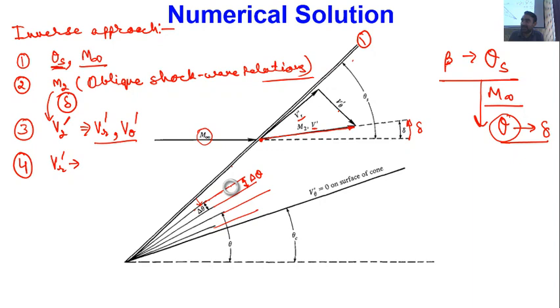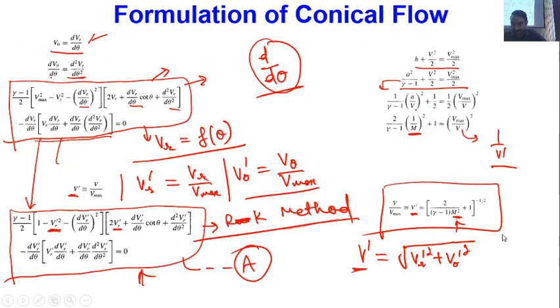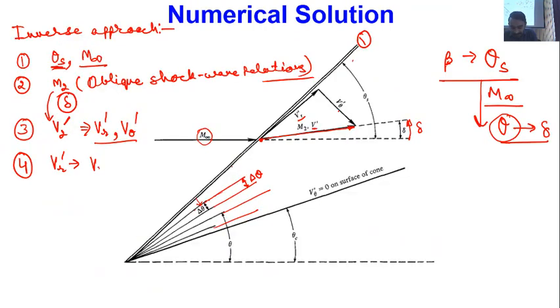Then once Vr dash is known at the next ray, using one more relation, V theta equal to dVr by d theta, I can calculate the value of V theta dash.